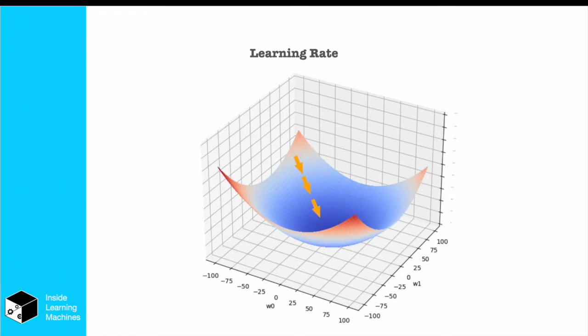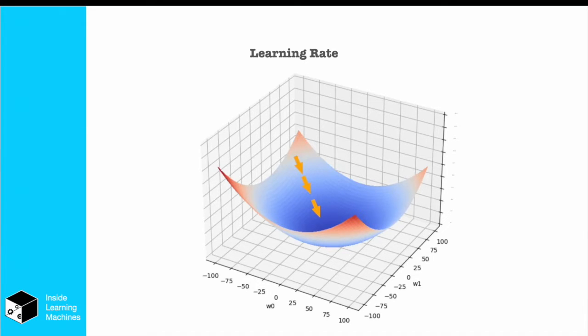Now the next parameter is the learning rate. This is important for determining how fast we update the model parameters during training.